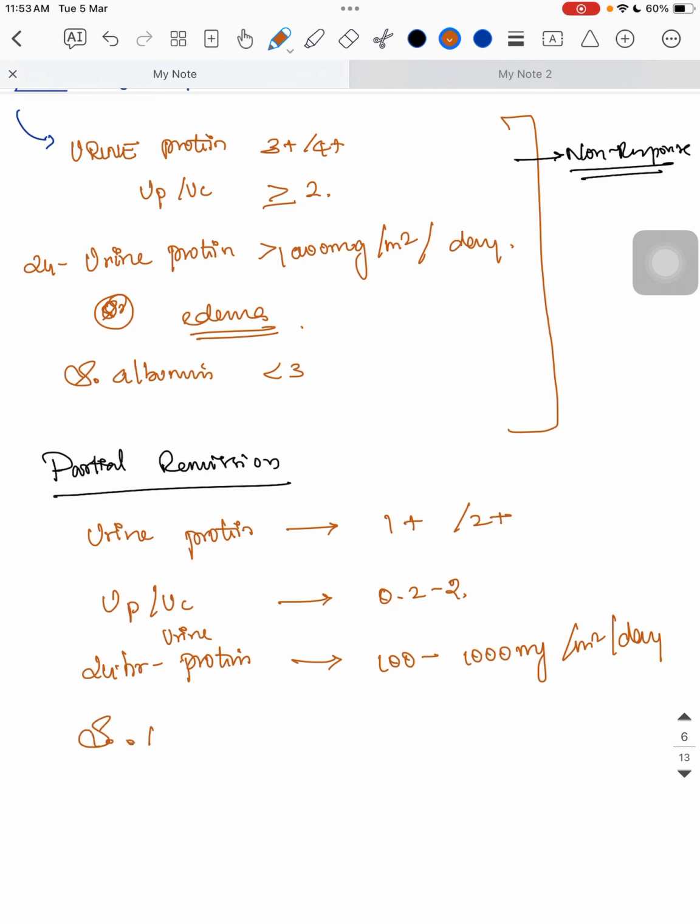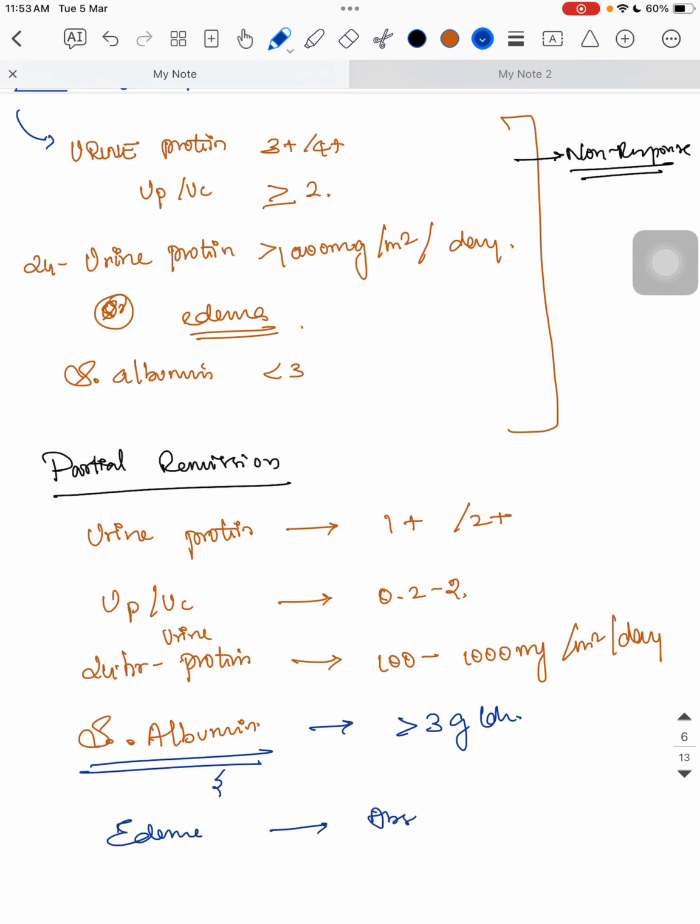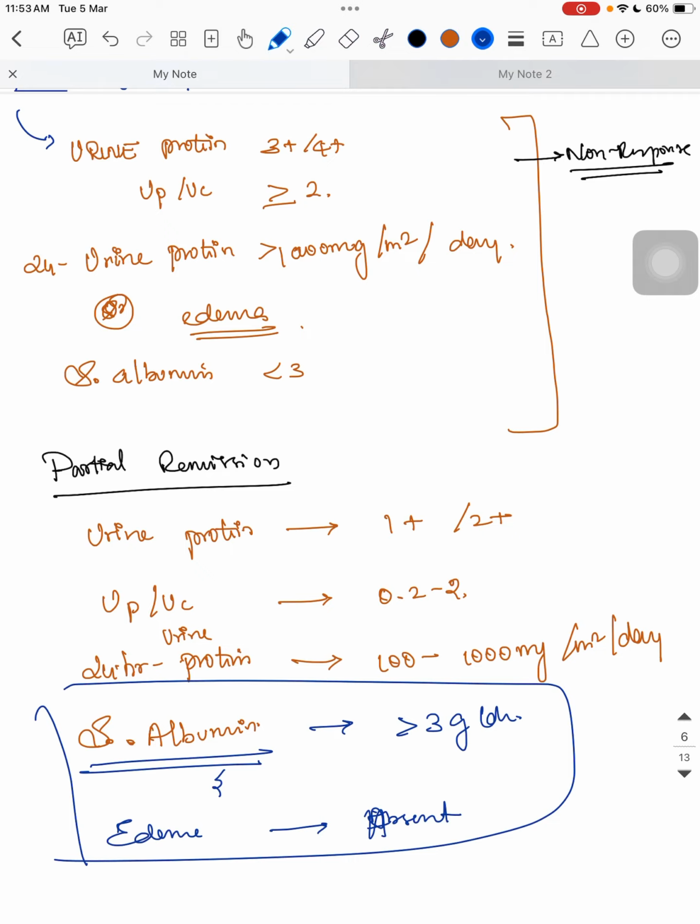In partial remission, the serum albumin level will be more than 3 gram per deciliter and the child will not have edema. Then you call the child to have a partial remission.